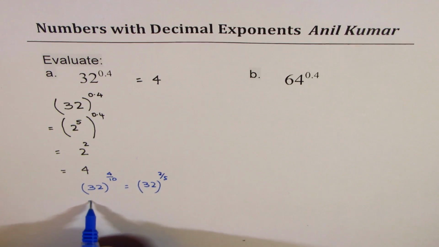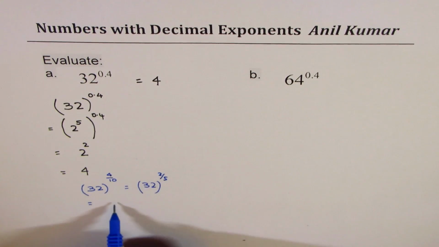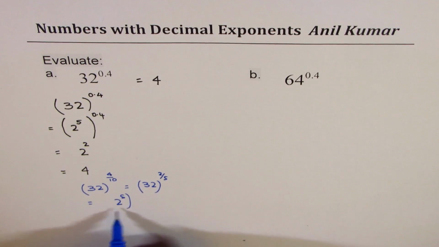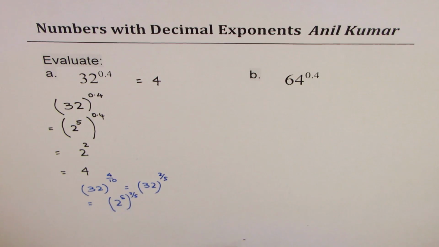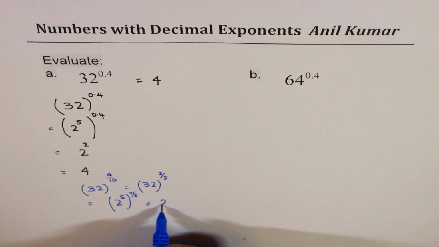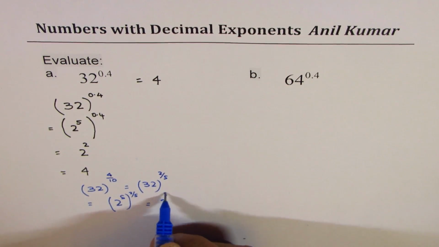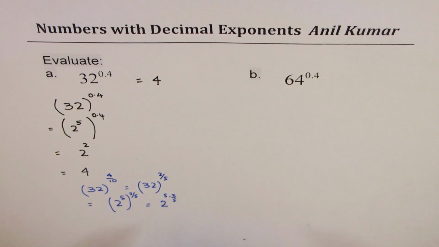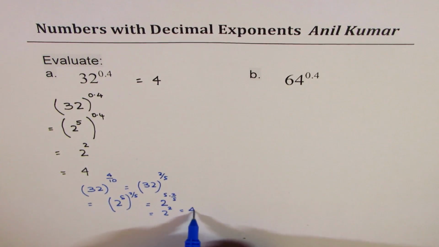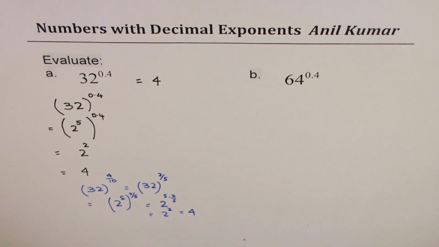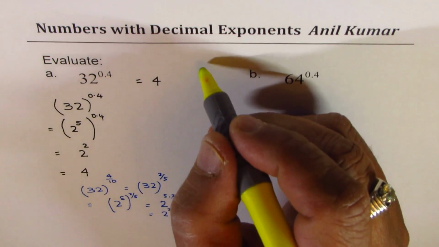And since 32 is 2 to the power of 5, we get 2 to the power of 5, to the power of 2 over 5. Applying the power rules, you get 2 to the power of 5 times 2 over 5, which is the same as 2 squared or 4, correct? So either way, you get 4 as your answer.